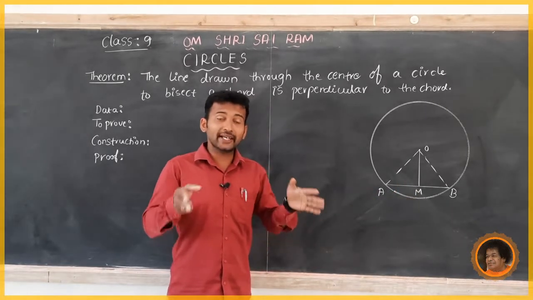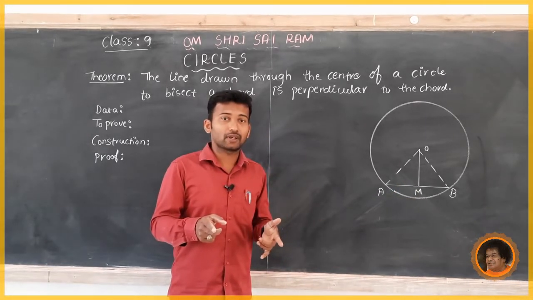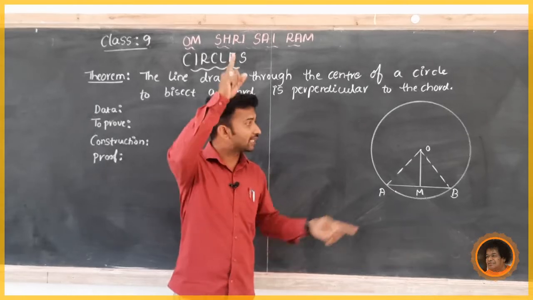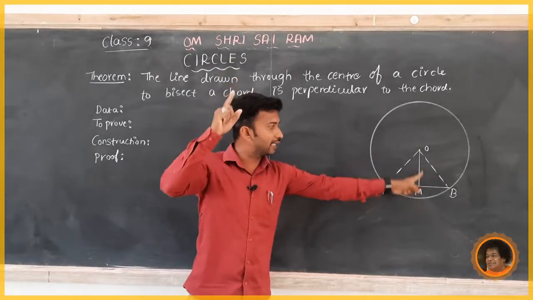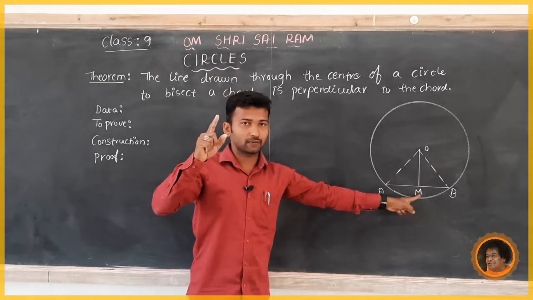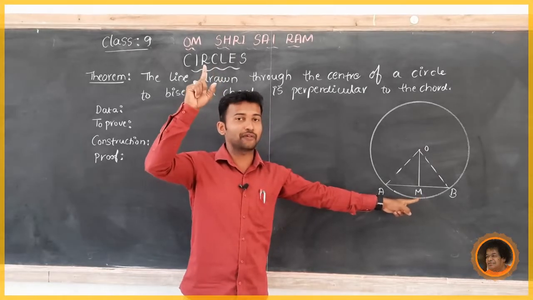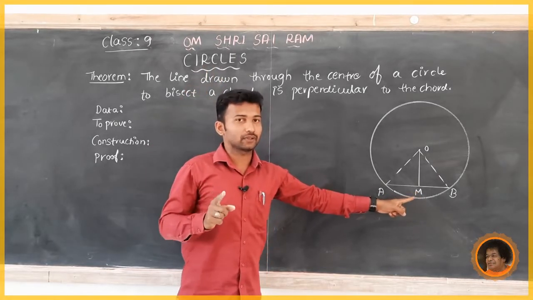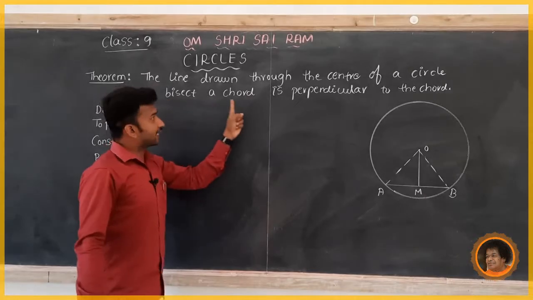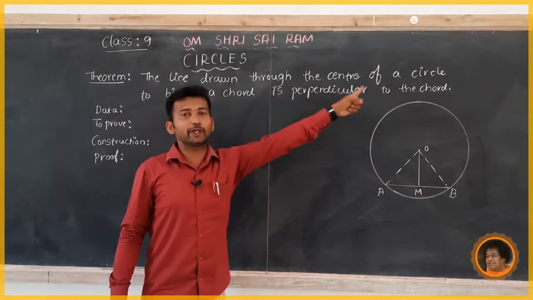AB is already bisected by the perpendicular line OM, which is drawn from the center of the circle. So, the line bisecting the chord is perpendicular to the chord.